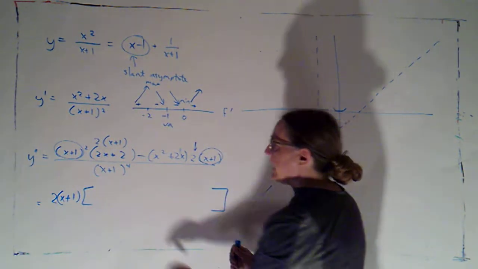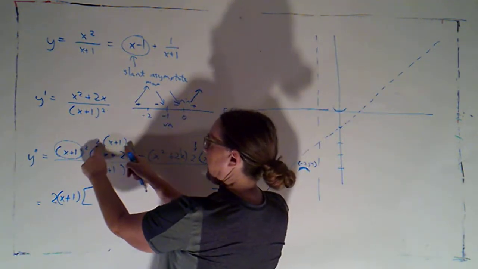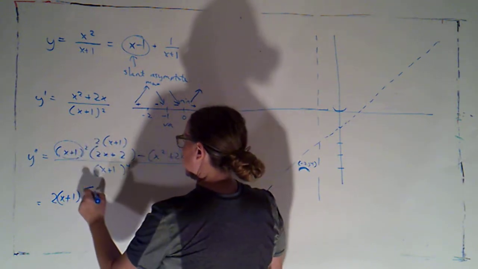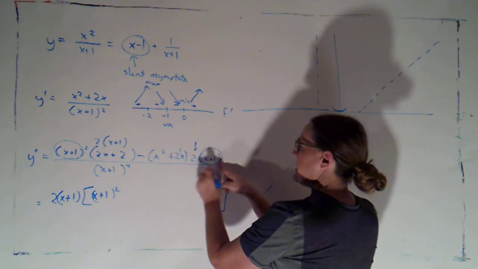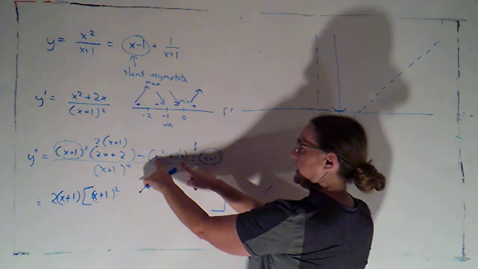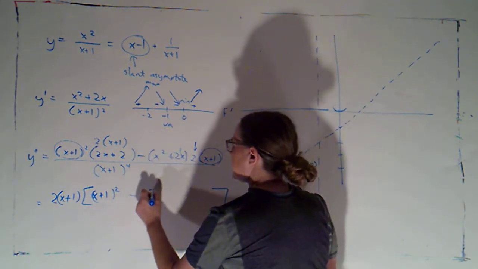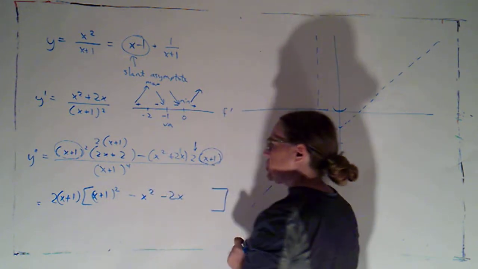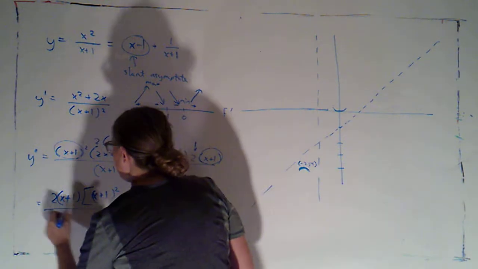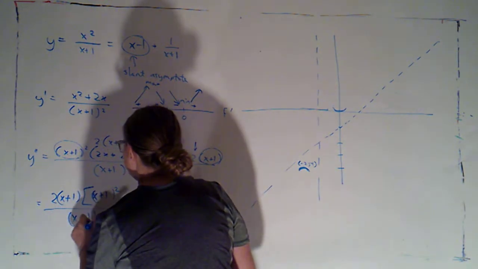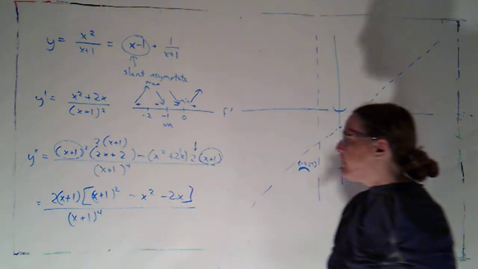Now when I do that, let's just say I took this one out, then I'm still left with these 2. So I've still got (x plus 1) squared. I factored out these 2, so I'm just going to distribute the negative here. That's going to become minus x squared minus 2x. And then that's all over (x plus 1) to the 4th.